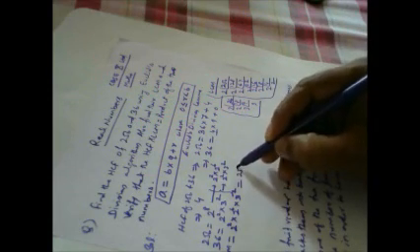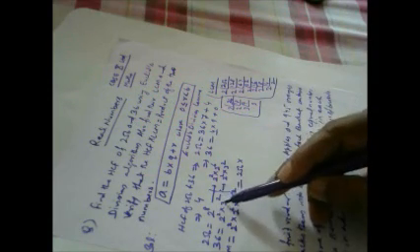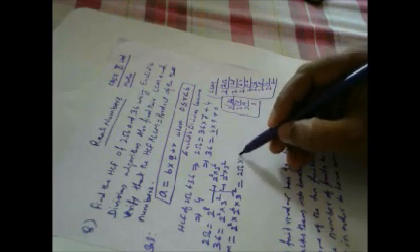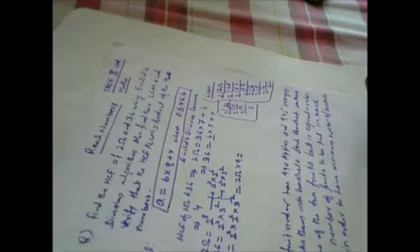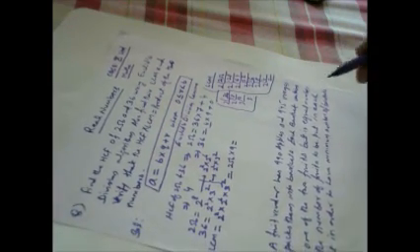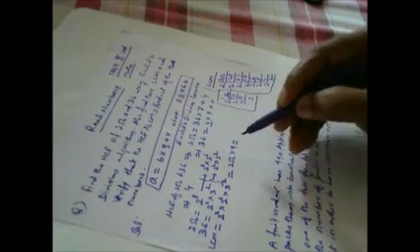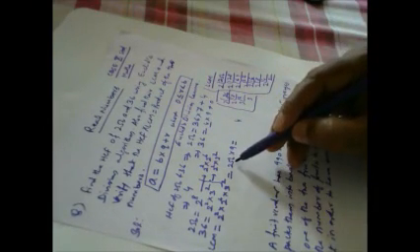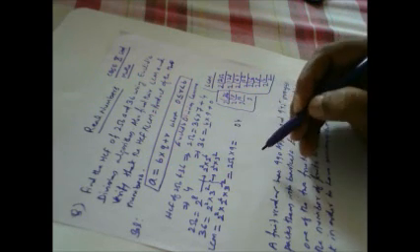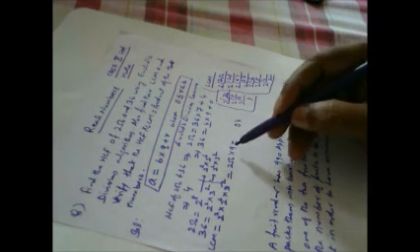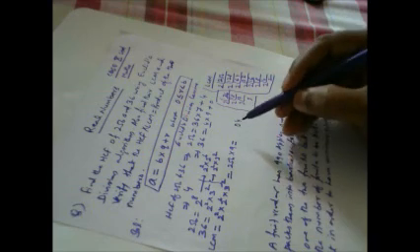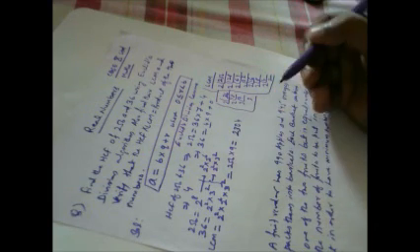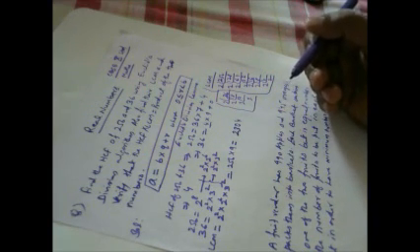So 256 into 3 squared, that is 9. So this will become the LCM. Let us calculate: 9 times 6 is 54, 9 times 5 is 45 plus 5 is 50, and 9 times 2 is 18 plus 5 is 23. So 2304 is the LCM.